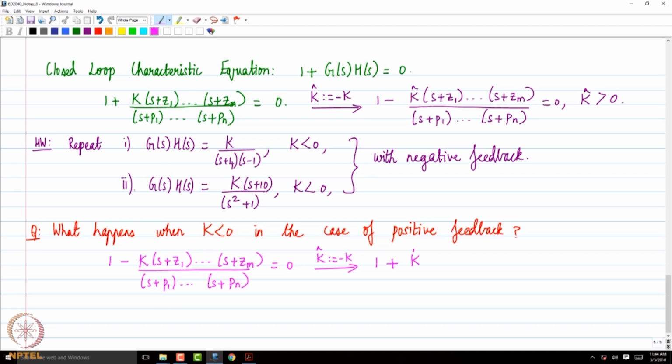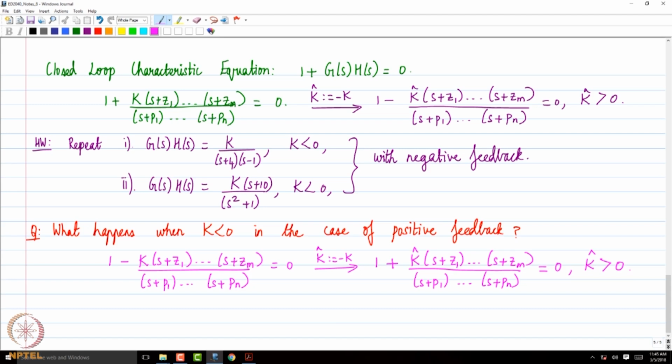I will get 1 plus K hat (s plus z1) all the way till (s plus zm) divided by (s plus p1) all the way till (s plus pn) equal to 0, K hat being now greater than 0.